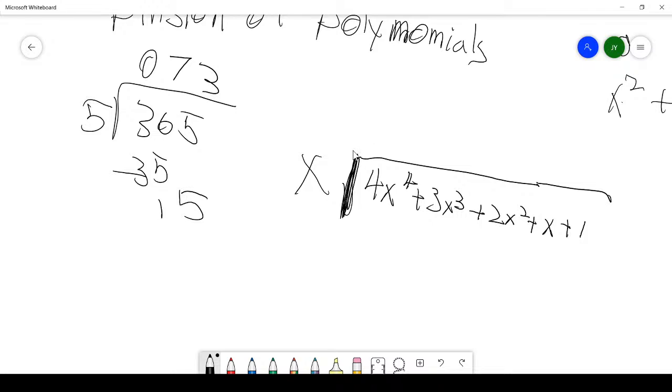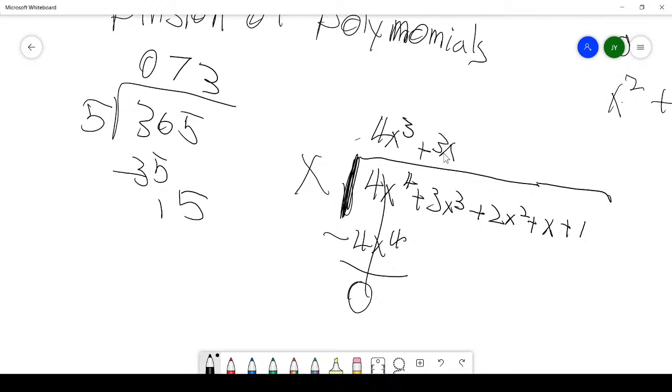How many times can you put x into 4x to the fourth here? If you divide 4x to the fourth power by x, you just get 4x cubed, right? So now we subtract this by 4x cubed. This completely gives us 0 and allows us to move on to the next term.